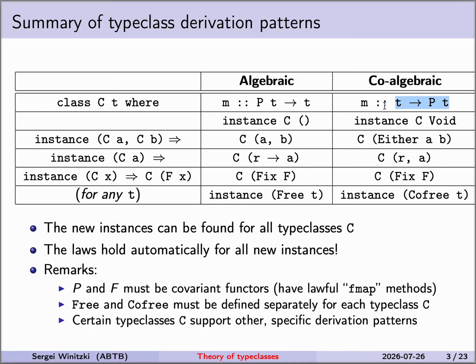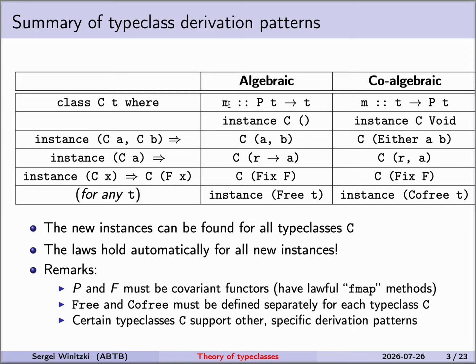Or we define like this, the type class. So just a single method with this type signature. I will explain why this is interesting to define it like this. It is interesting because many type classes are equivalent to a definition of this kind or a definition of this kind. Although it's not convenient, of course, in practice to use this sort of definition.